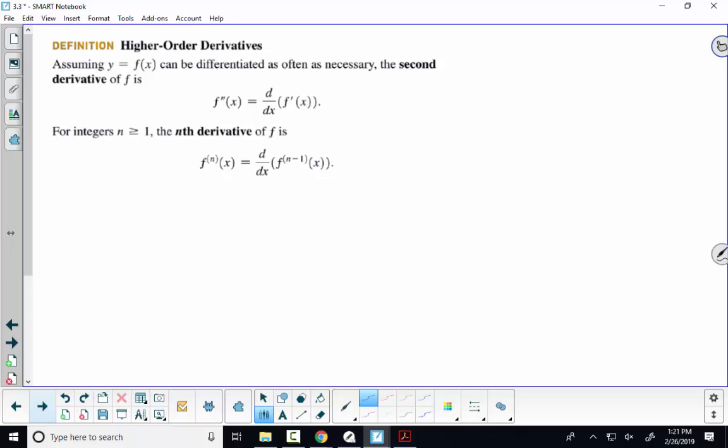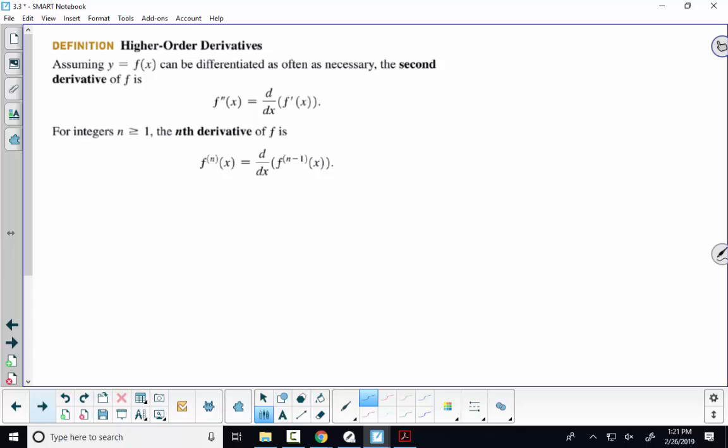I'm not sure, for those of you that printed out 3.3, was this page there? All right, I'm not sure what happened to this section as far as the notes go. But it is mentioned in 3.3, higher order derivatives, second derivative, third derivative, etc. So what they're defining here is f double prime, which is the second derivative.